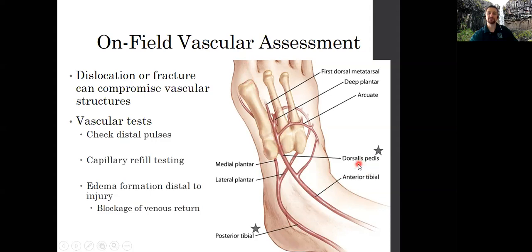So that dorsalis pedis is just lateral to that tendon. So those are the two distal pulses. Capillary refill. So in the toes, say you grab the nail bed, you squeeze it, all the blood gets pushed out, and when you release it, that blood should refill in about a second. That's how you know that there's perfusion all the way to the distal end.